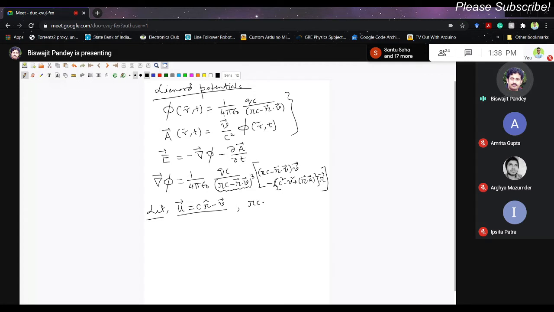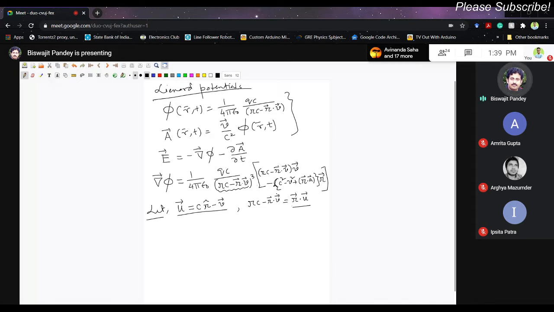Then you can write Rc minus R dot v as R vector dot u. You can check it: R dot R cap becomes the scalar R times c, and the second term is minus R dot v. This is just for the sake of simplicity, so we don't repeat this term again and again. There is no compulsion; if you wish, you can write Rc minus R dot v.